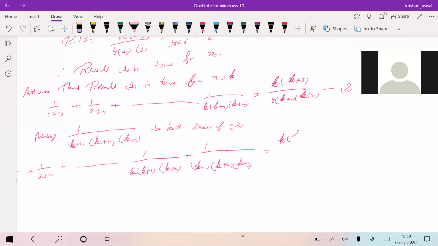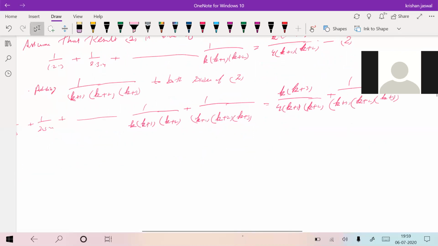k into k plus 3 over 4 into k plus 1 into k plus 2, plus 1 over k plus 1, k plus 2, k plus 3. Now take common from the denominator.